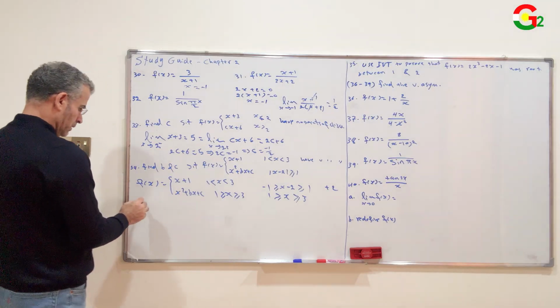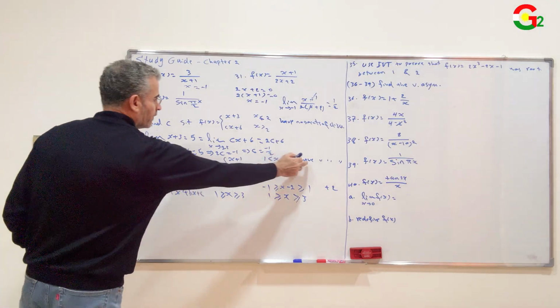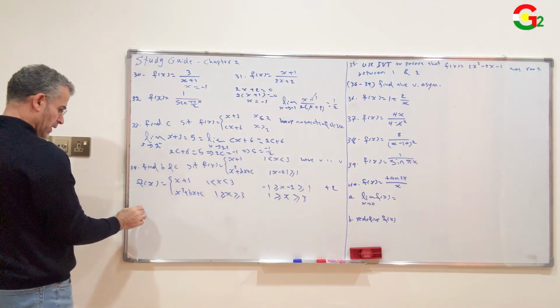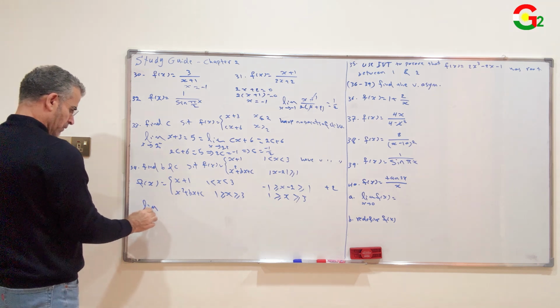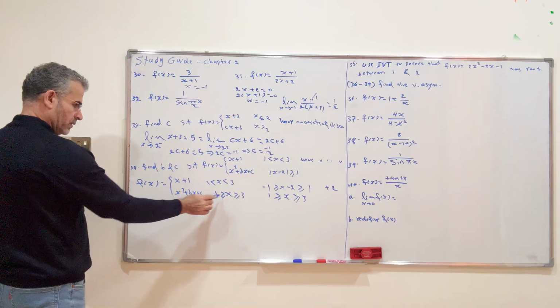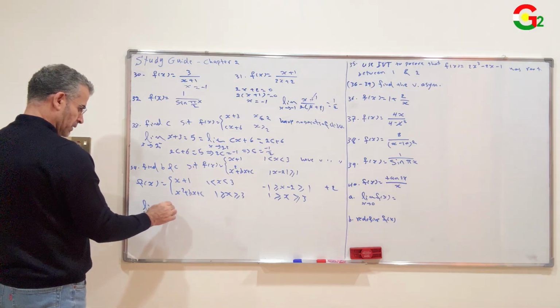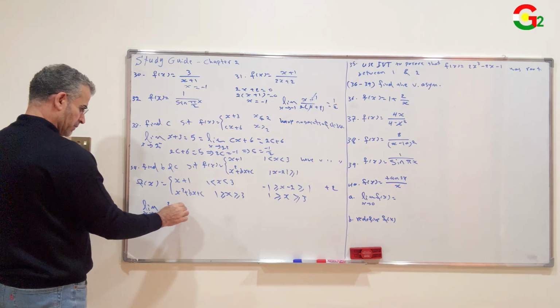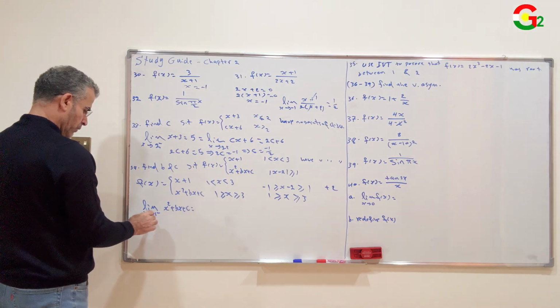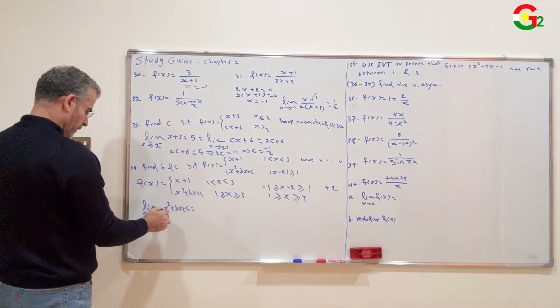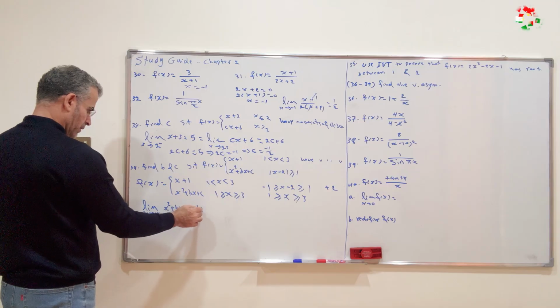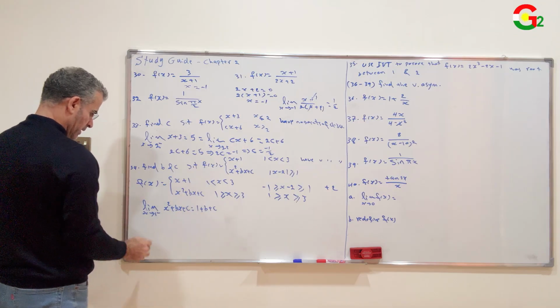Now, since the function has no point of discontinuity, then the limit as x approaches 1 from the left, when x is less than 1, the function is x power 2 plus bx plus c, substitute every x with 1, 1 plus b plus c.